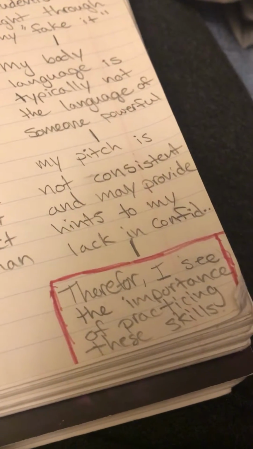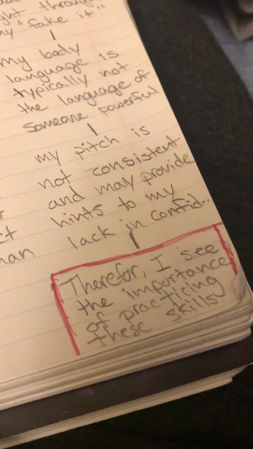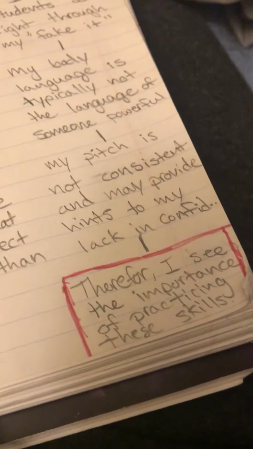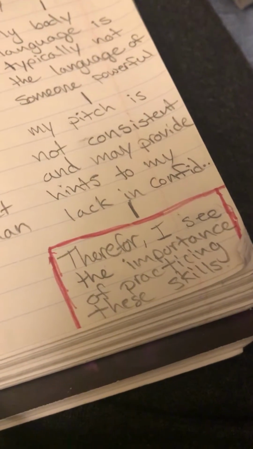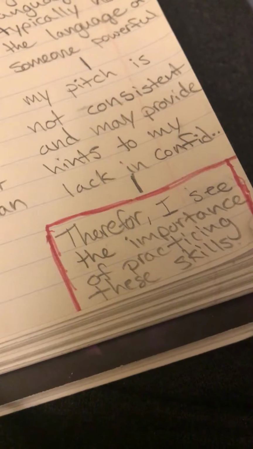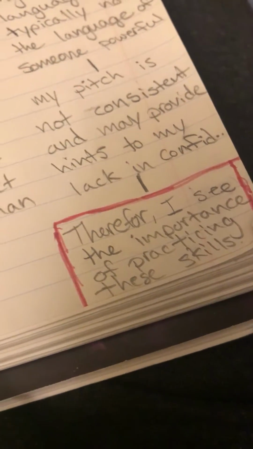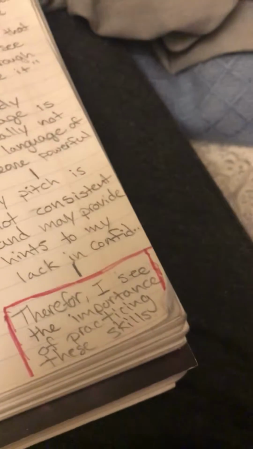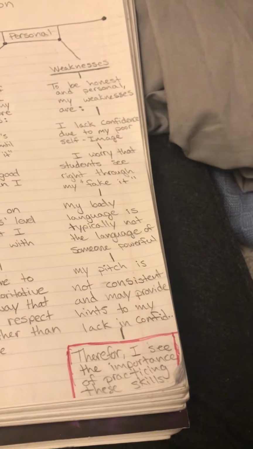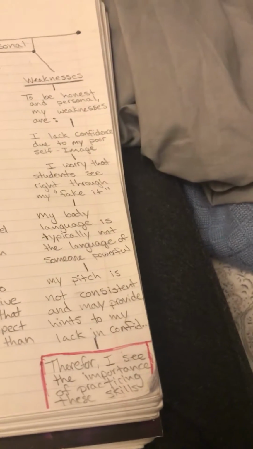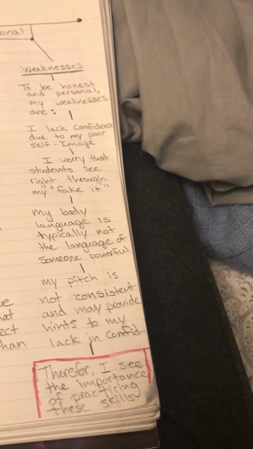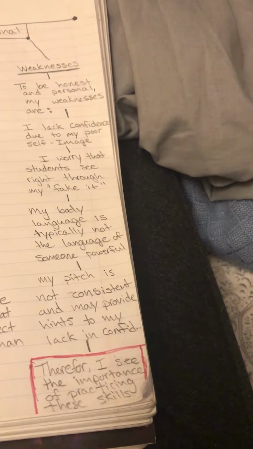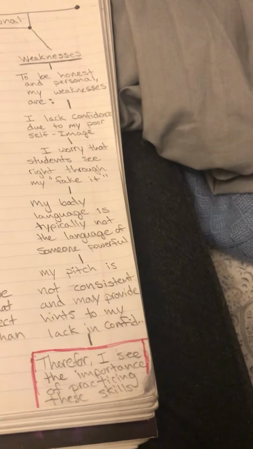I ended it with a red frame: practice with communication. It feels like something that is so natural, but when you're standing in front of a classroom full of students that are there to learn, ready to pick up any information you have, you need to have practiced these skills, because ultimately they're going to make or break that classroom community and environment.